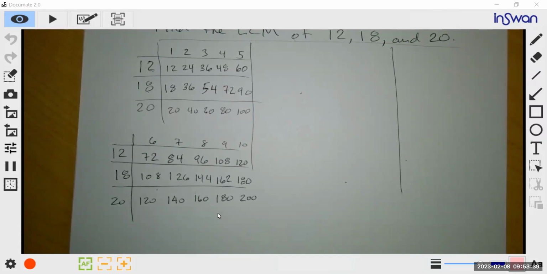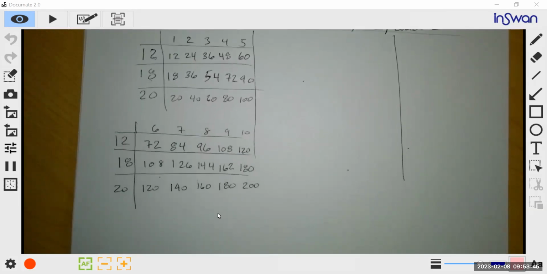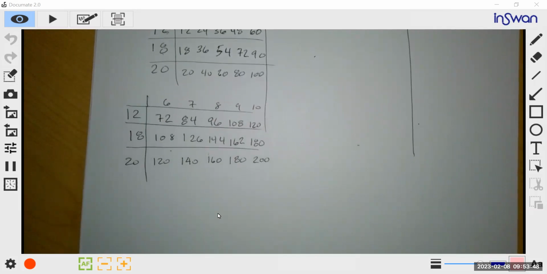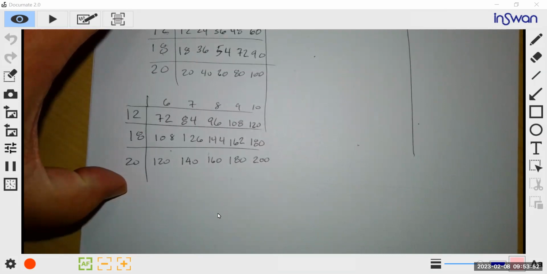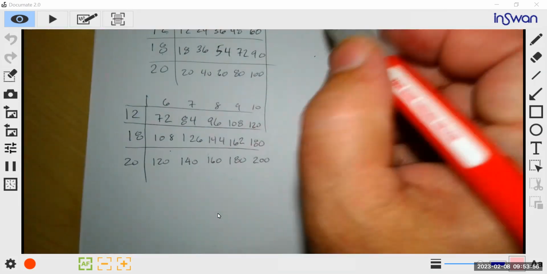Is the first method still your favorite? No. So we have to go further. Well, I'll tell you what, we'll come back to this one later. I'll show you why I don't. So what's the second method? Prime factorization.